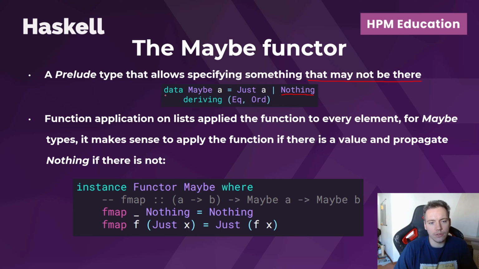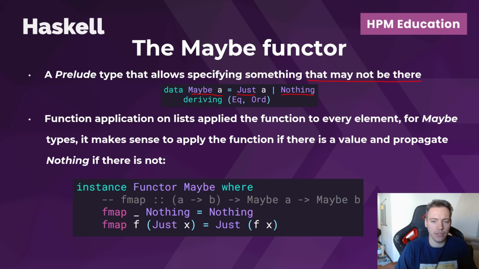Anyway, its full type definition is data Maybe a, so it's a parameterized type that takes in a type a. So a Maybe could be Maybe Int, Maybe String, Maybe any other type, and it comes with two data constructors, Just and Nothing. So like I said, Nothing represents, well, nothing, and it means something went wrong, basically.